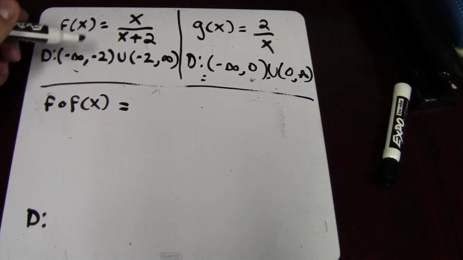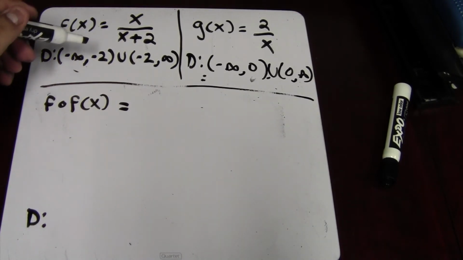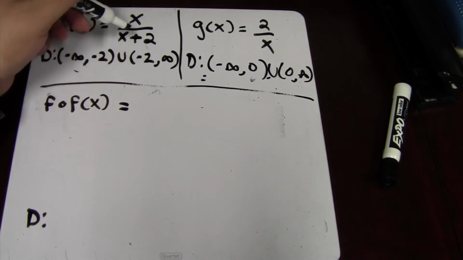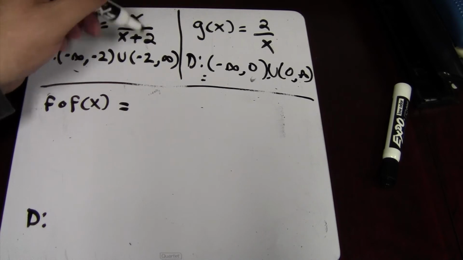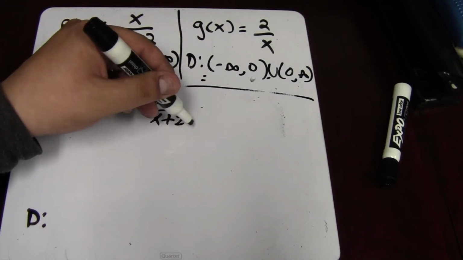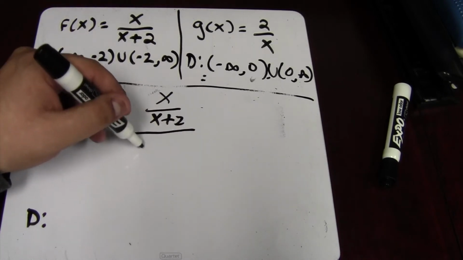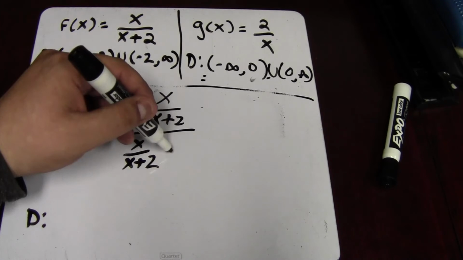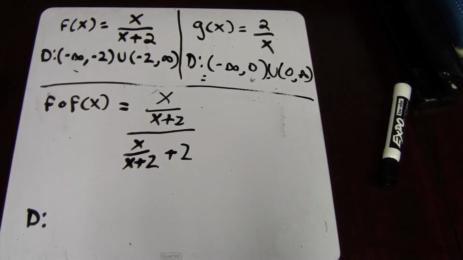Okay, so f of f here, what we would have is we have to take f, and everywhere we see an x, we plug in f. And this one gets a little tedious to do, but we can do it.